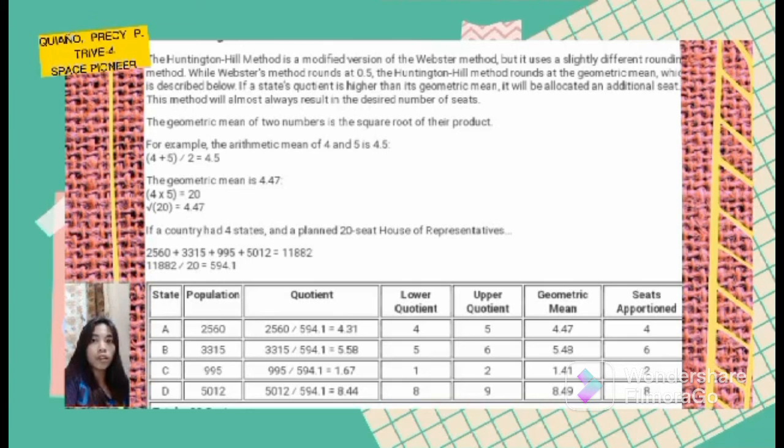State B, the quota is larger. C, the quota is larger. D, the quota is larger. So the initial allocation is 4, 6, 2, 8. We add these, so the answer is 20. This is the final allocation of the Huntington-Hill method of apportionment.